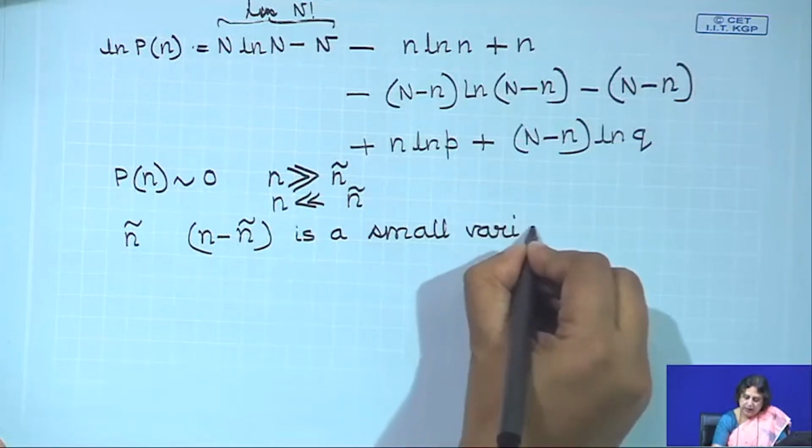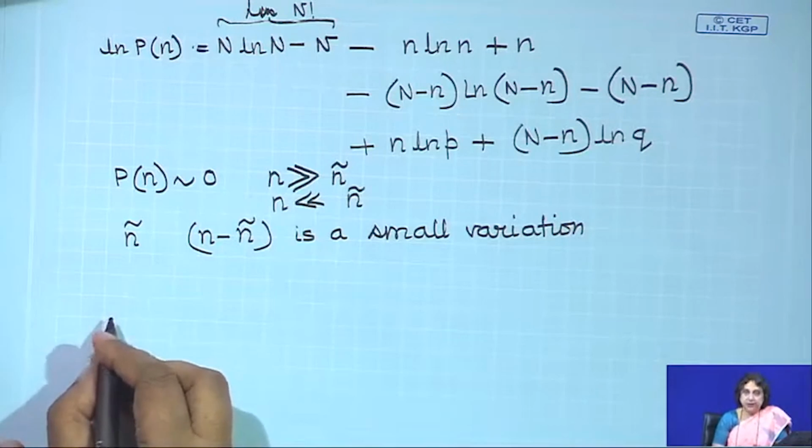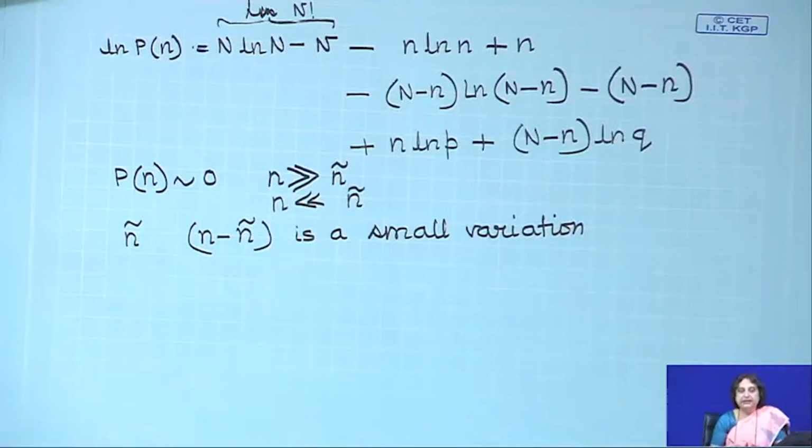So, accordingly, I can use a Taylor expansion and express ln P n as follows.